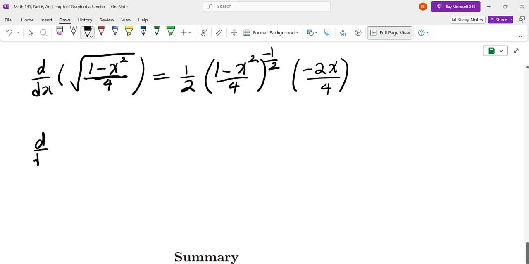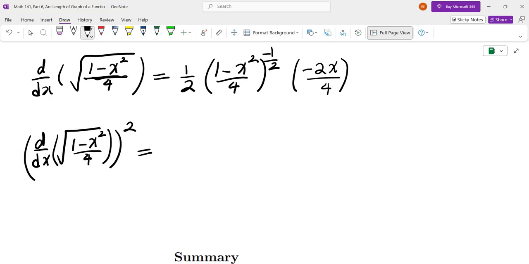So if we take the derivative of the square root of 1 minus x squared over 4 and then square that, we would get, well, this one is 1/2. So we would get 1/2 here, 1/2 here. So we get 1/4 x squared times 1 minus x squared over 4, and then we're raising this to the power of 2.